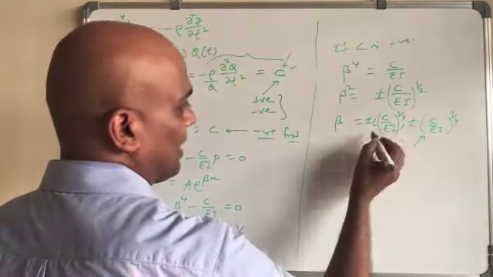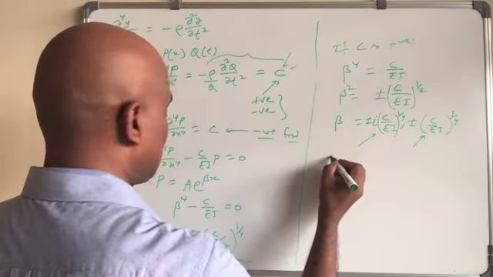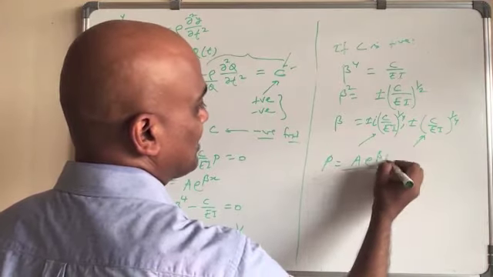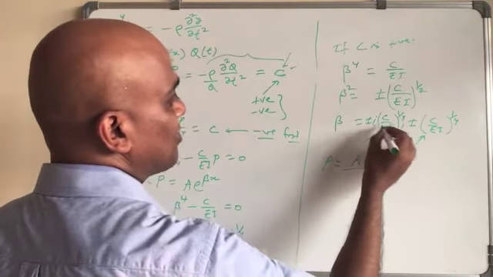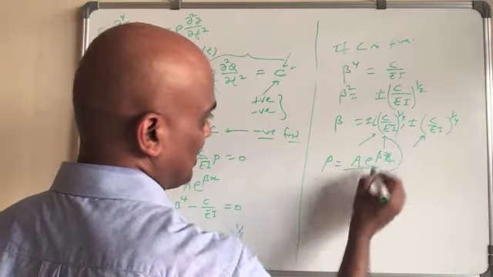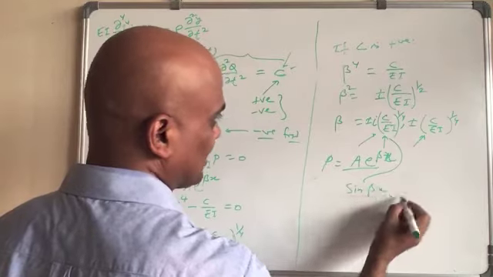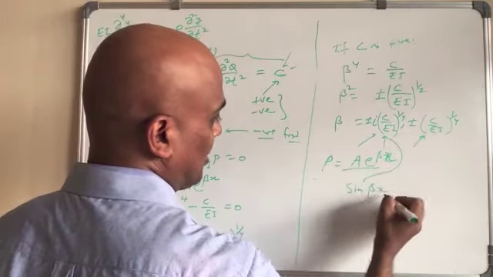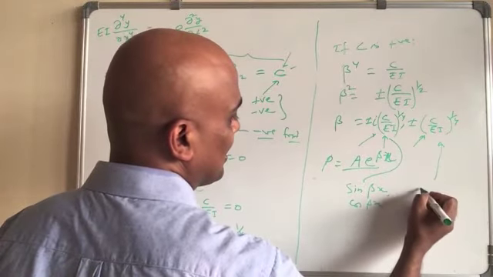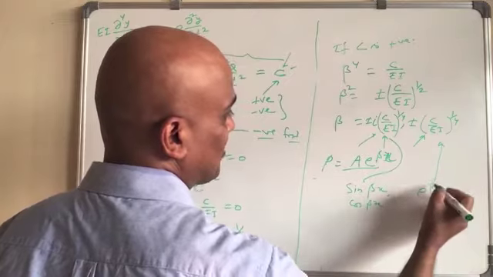So writing the solution, P equal to A e to the power beta x, and hence what do you get? If you put this one, then it will be sinusoidal. So you get sine beta x or cos beta x, and from the other one you get e to the power beta x, so plus minus.